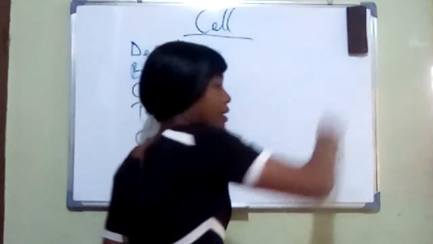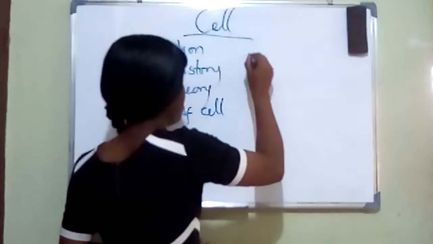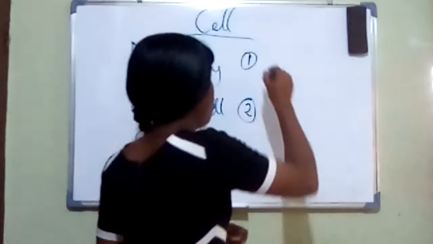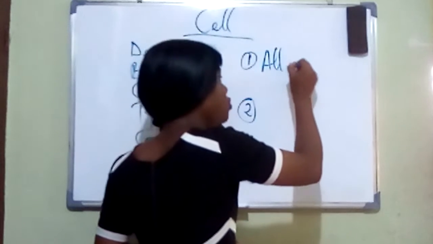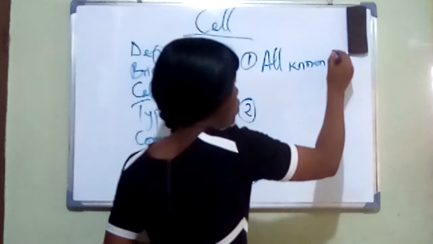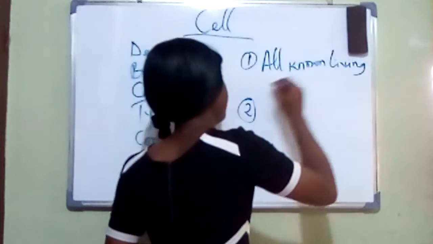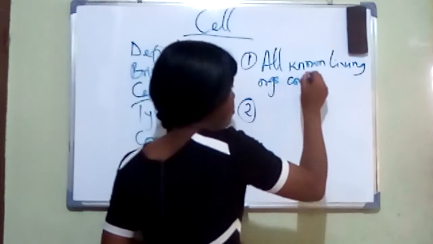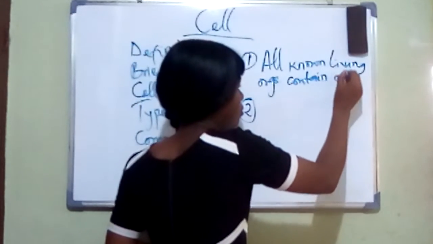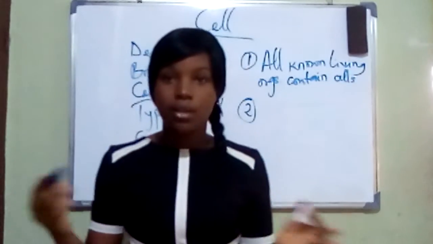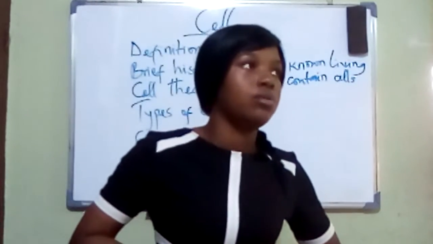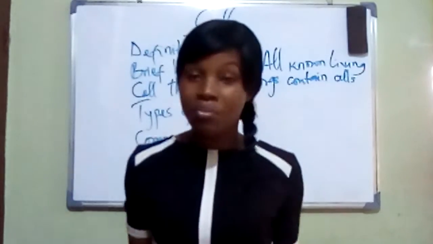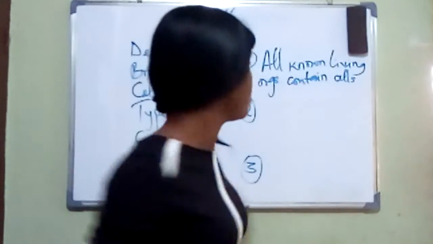The cell theory has three tenets. And the first is that all known organisms, or living organisms, are made up of cells. From bacteria to amoeba to humans, we are all made up of cells.